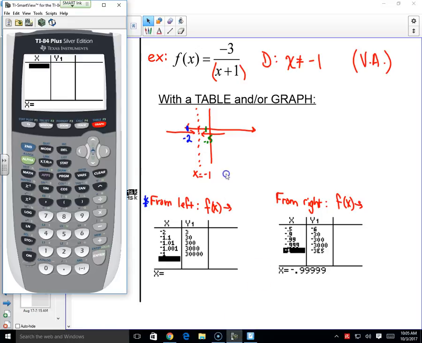Do you think I actually have a negative 1 in my calculator? Right? So far, so good? Still so far, so good, right?